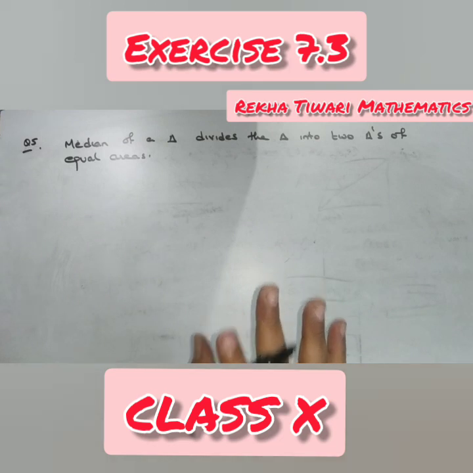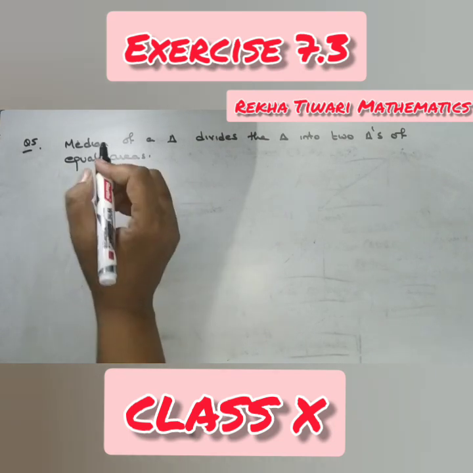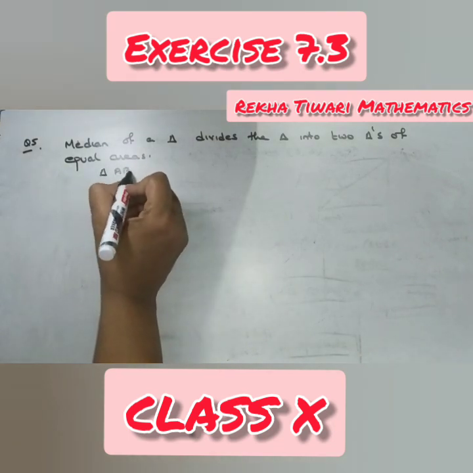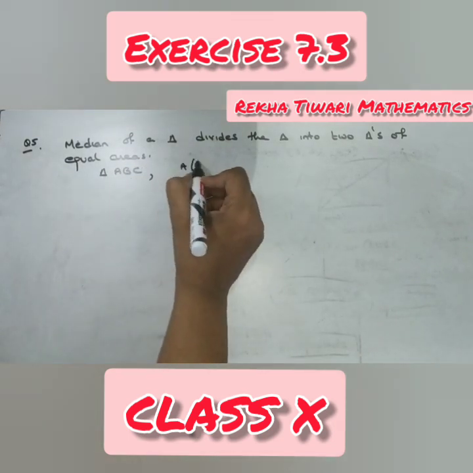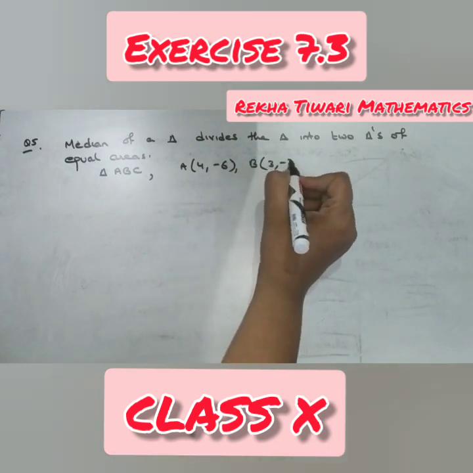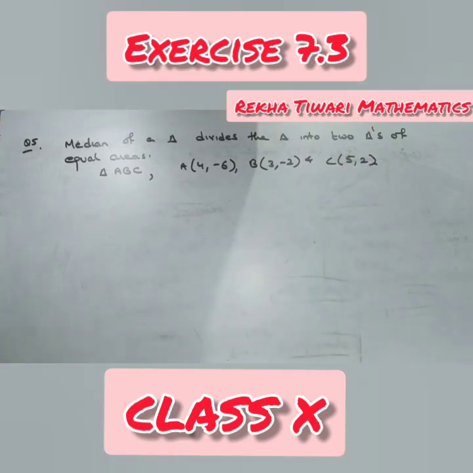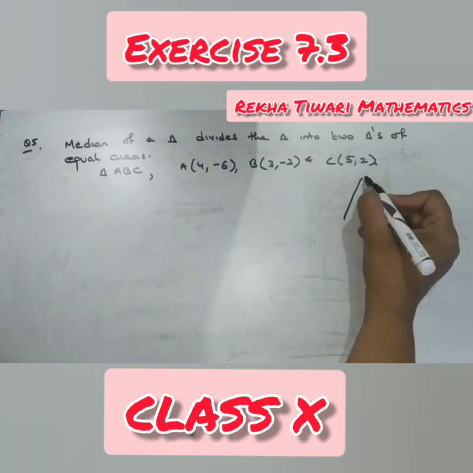This you have to verify. Okay. And the vertices of the triangle are given to you. A triangle ABC is there, whose vertices are A (4, -6), B (3, -2), and C (5, 2). So this is the triangle ABC.